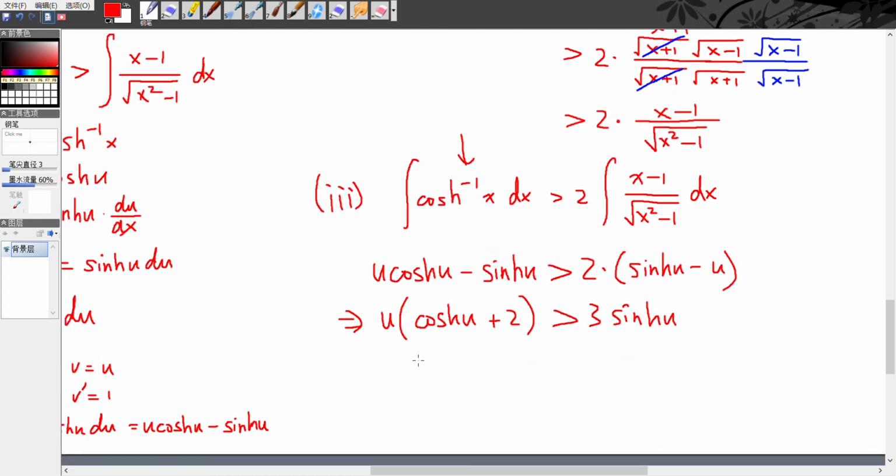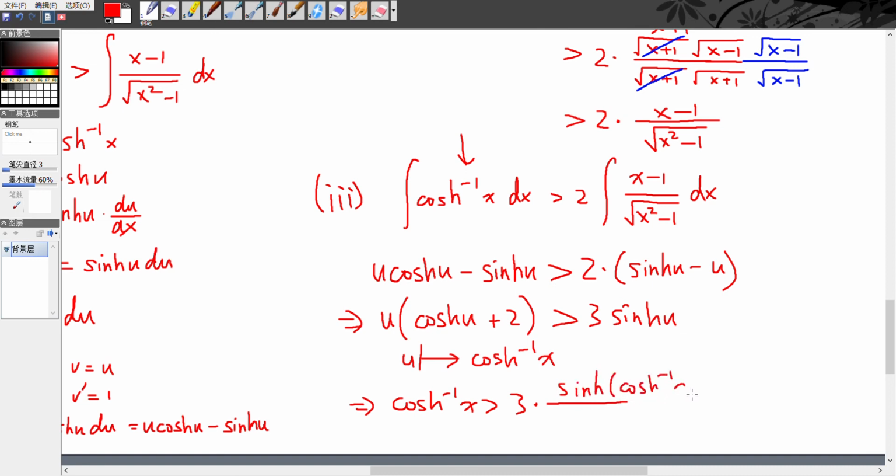And now we do exactly the same. We send all our u to arc cos x. Then we'll have arc cos x is bigger than 3 times sinh arc cos x over x plus 2.